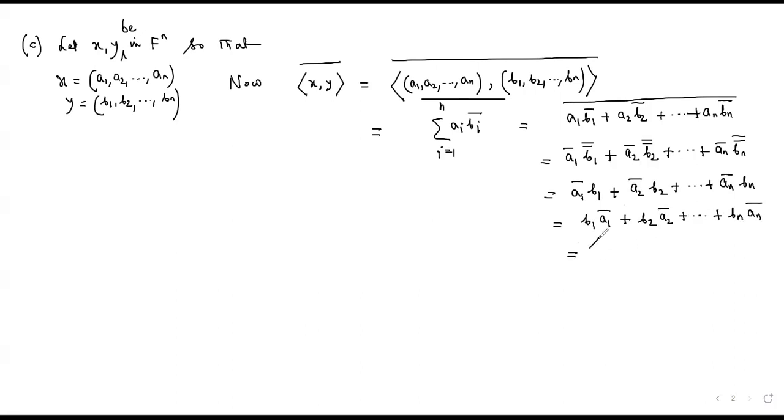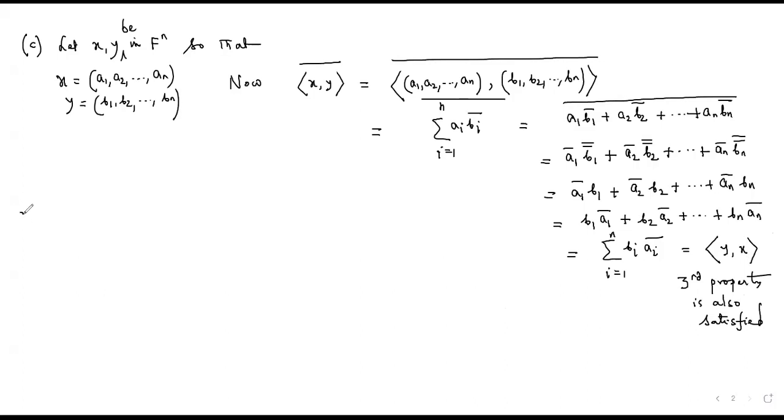And by definition, this is the summation, I goes from 1 to n, Bi Ai bar, which is the inner product between the vector y and x, y comma x. So the third property is also satisfied.